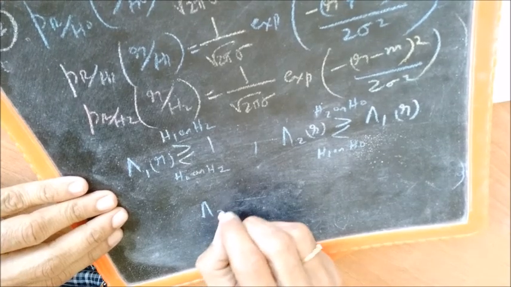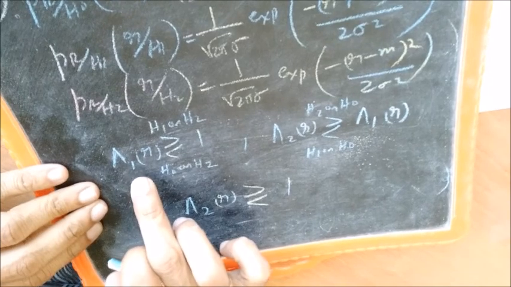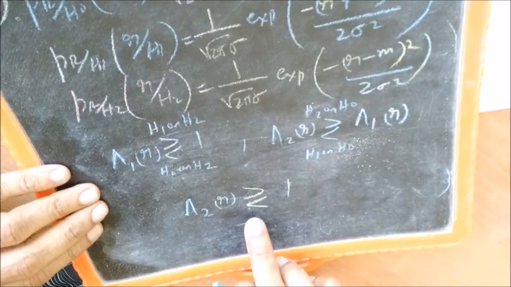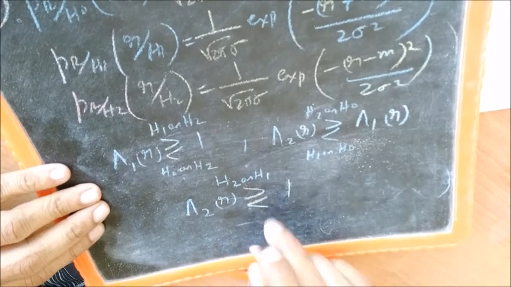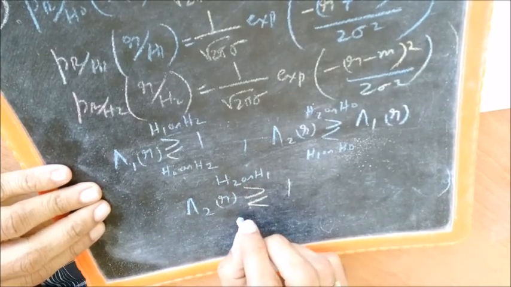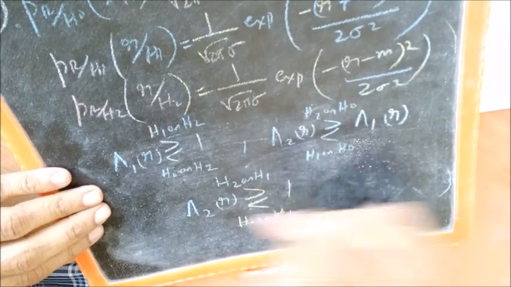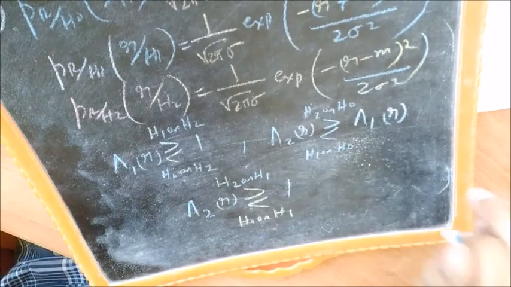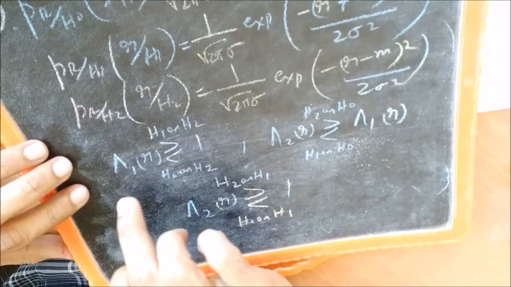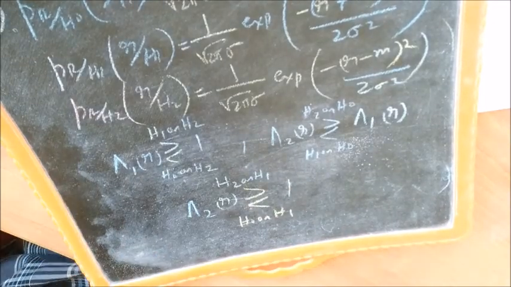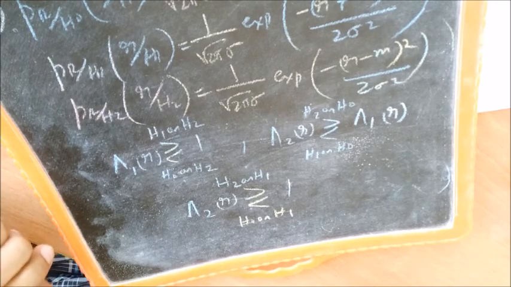And finally, lambda 2 is compared with 1, just as we compared lambda 1 with 1. More than 1 means H2 or H0. Less than 1 means H0 or H1. So this is how we are going to take this decision, and we know how the likelihood ratios are defined here. Lambda 1 is PR given H1 by PR given H0, lambda 2 is PR given H2 by PR given H0.